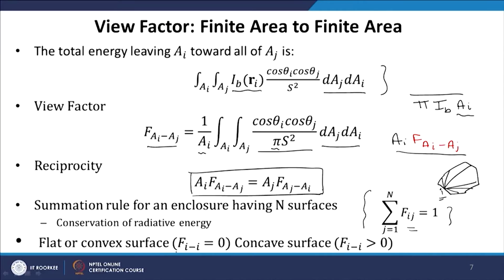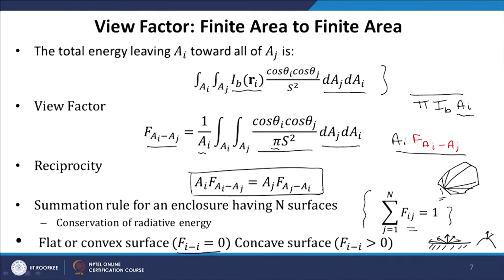Based on the same argument, a flat or convex surface will have a view factor of 0 to itself. That means, if you have a flat surface, the energy will be emitted in all directions, and this energy will not strike itself; the surface will not receive any radiation that is emitted by itself, okay, because it is flat. Similarly, a convex surface also will not receive any radiation falling onto itself, okay.